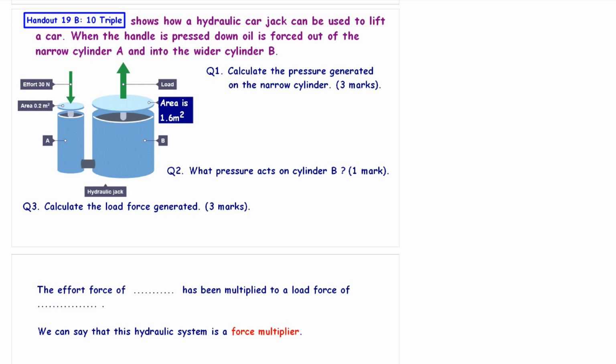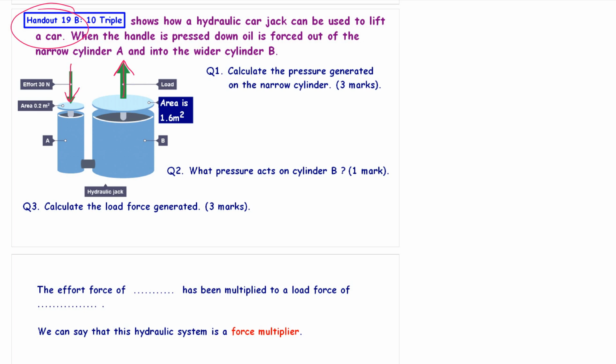So this one, 19B, you will receive via the post. What we looked at last time was you've got an effort force going in of 30 newtons, and you get a larger load force coming out. Why does this occur? Well, liquids are virtually incompressible.